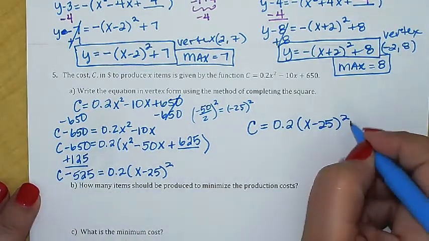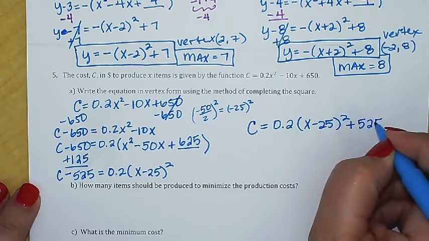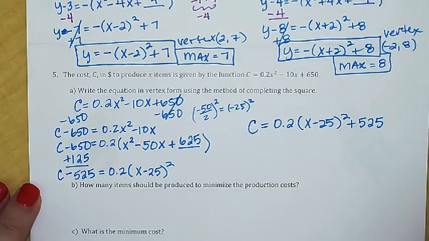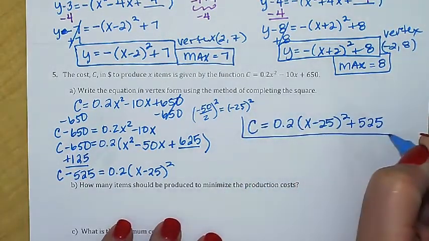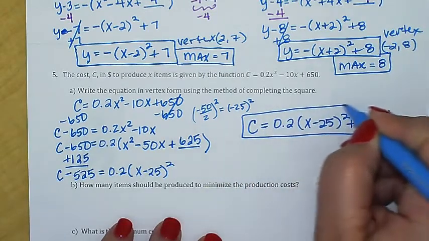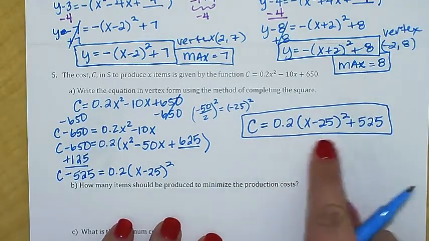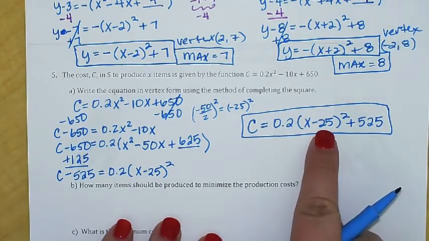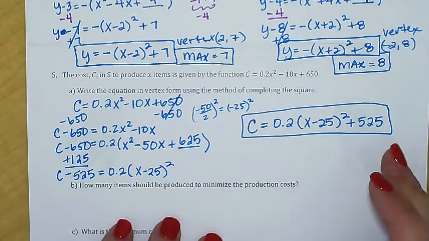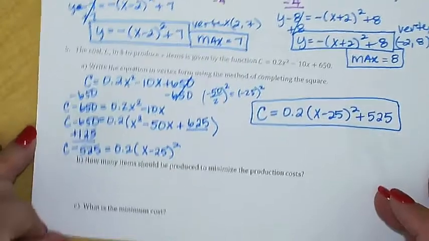And then when I add that back, it's going to be back to a positive 525 on this side. Okay, and that is a vertex form of the same equation. And it tells us what a is, it tells us where the vertex is. We know this is opening upward, so that is a minimum. So all of that good stuff.